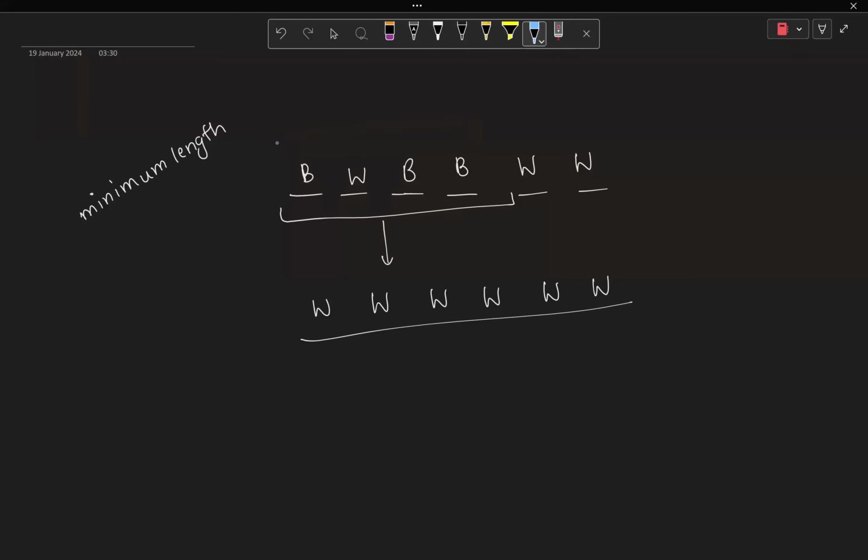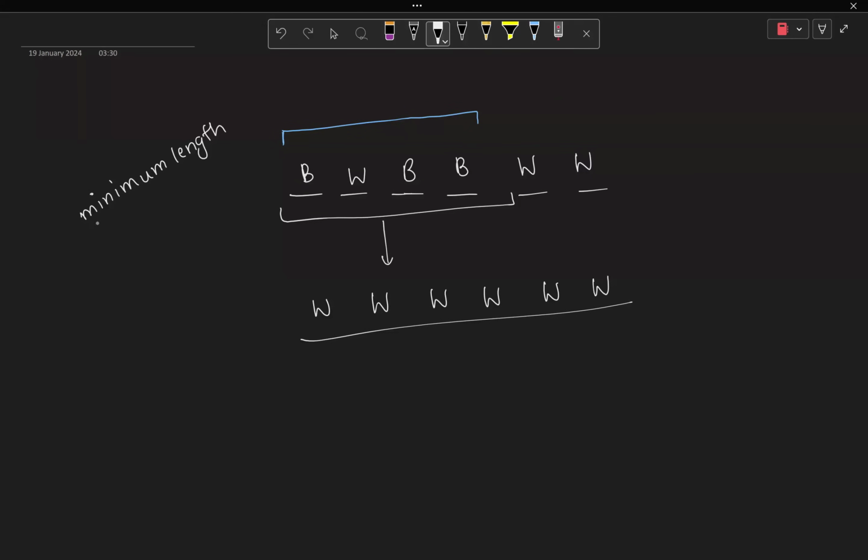This is one of the observations you should have made. So we know that any substring which consists of this many or more elements will make all the cells white.